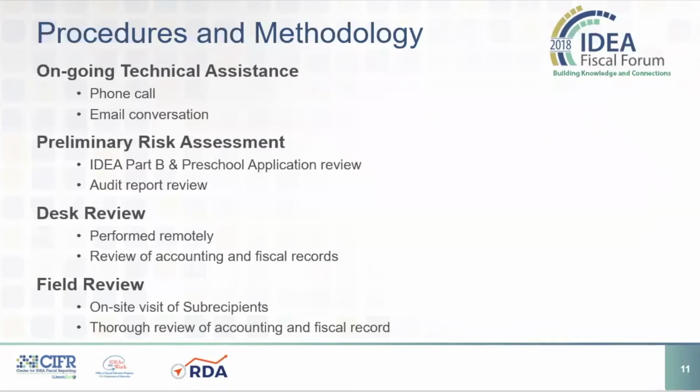So we have the LEA submitting files through an application here, and then we perform all the review from the office and have conversations through phone or email. And we also have the field review, which is a more thorough review of accounting and fiscal records that is followed by an on-site visit at the district.